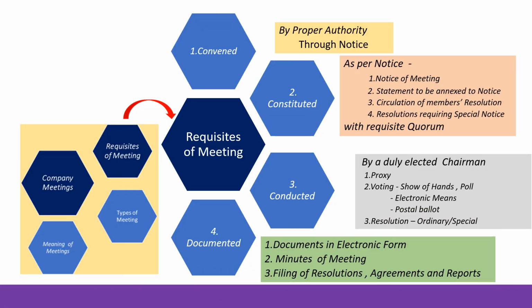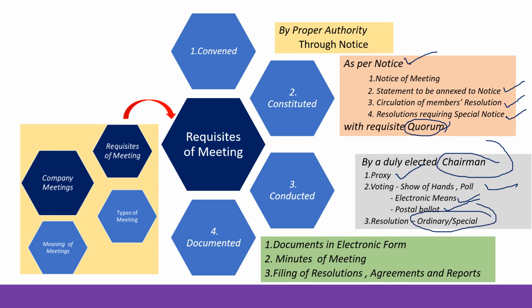Thus, we have seen the requisites of a meeting, convened, constituted, conducted and documented, starting with notice, annexure to notice, circulation of members' resolution, resolutions requiring special notice. We have focused on the quorum, chairman, proxy, voting, electronic means, postal ballot, ordinary and special resolutions, documents to be inspected in electronic form, hence to be kept, minutes of meetings, and filing of resolutions and reports with the Registrar of Companies.